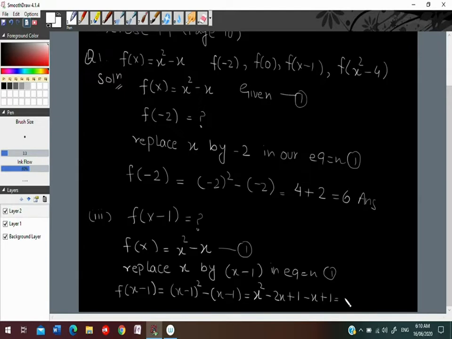When we solve this part, x square minus 3x plus 2. So this is the answer of this part. Similarly, we can solve the rest of two parts, f of 0 and f of x square minus 4.